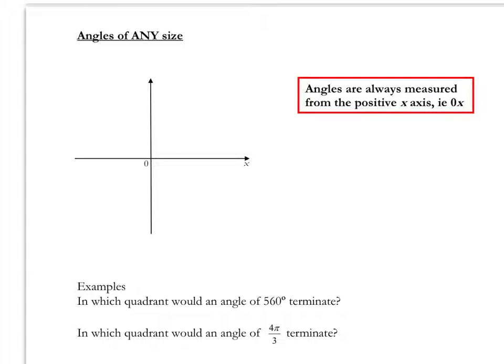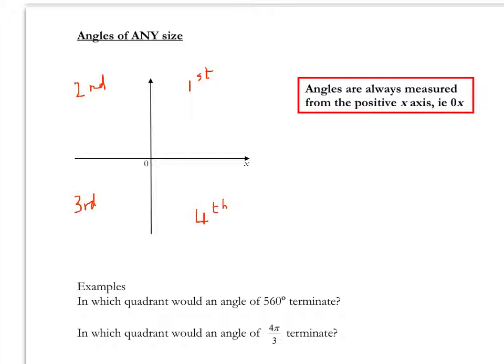This part of trigonometry is really important when we're working out solutions to trigonometric equations, and we use this quadrant system. We call this our first quadrant, this is the second quadrant, this is the third quadrant and the fourth quadrant.